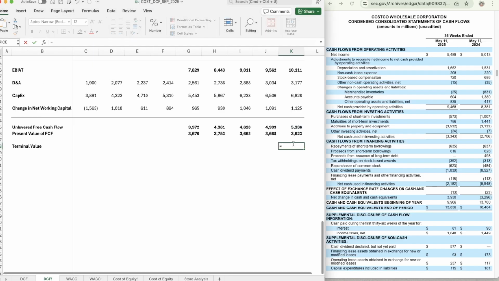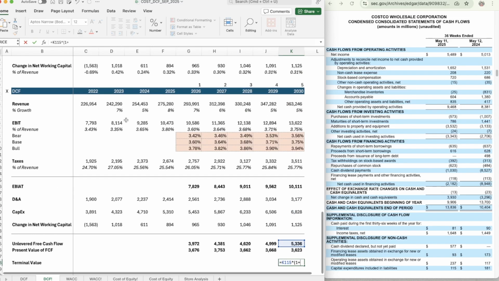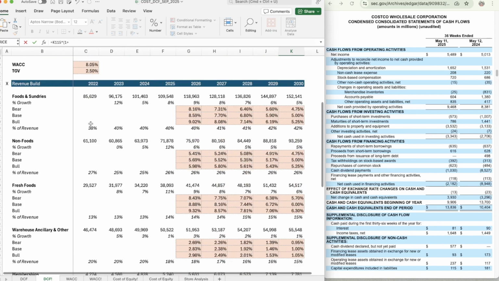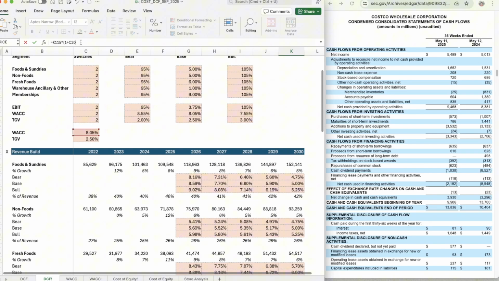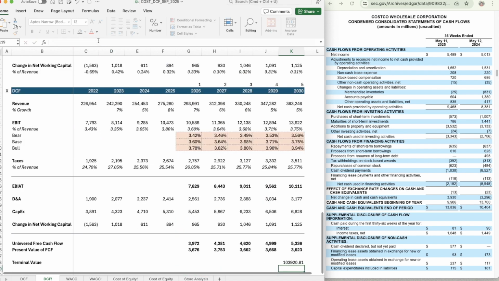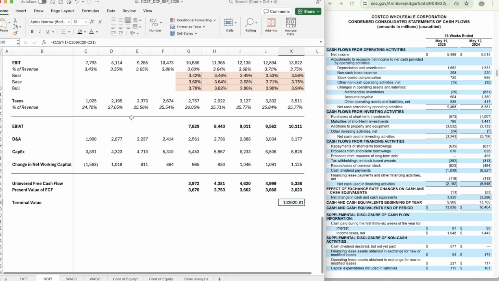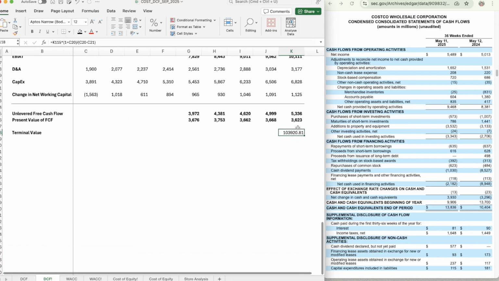So the terminal value is this final value of unlevered free cash flow times 1 plus the WACC, divided by the WACC minus the terminal growth value. And there you have it. Let's pull this down. So this is what the terminal value of Costco will be, just over maybe about 104 billion.